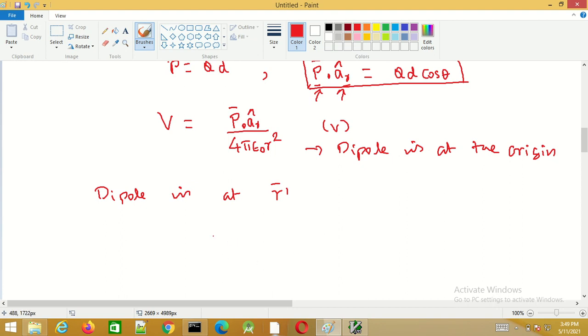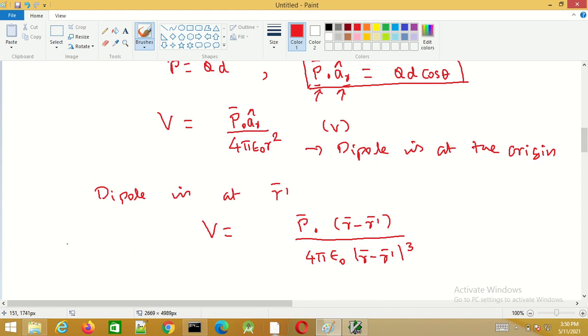In that case, the potential can be written as the potential at a point P, which is described by the vector r.